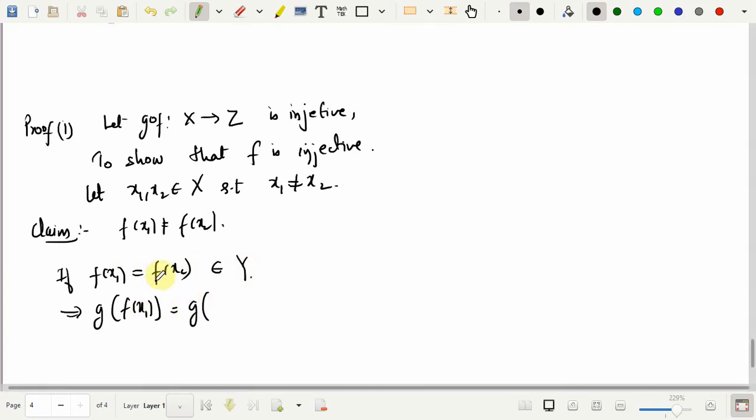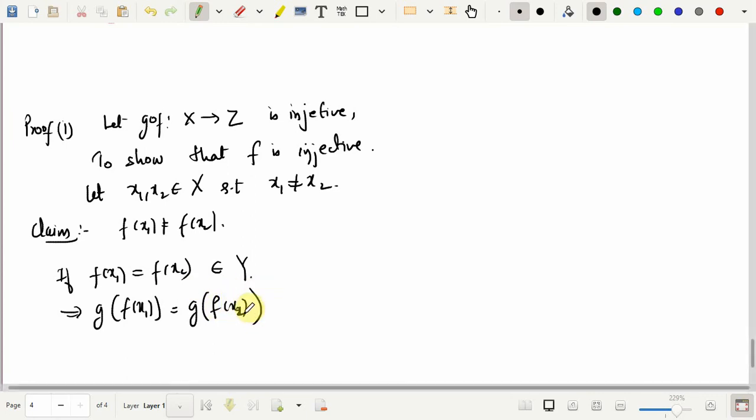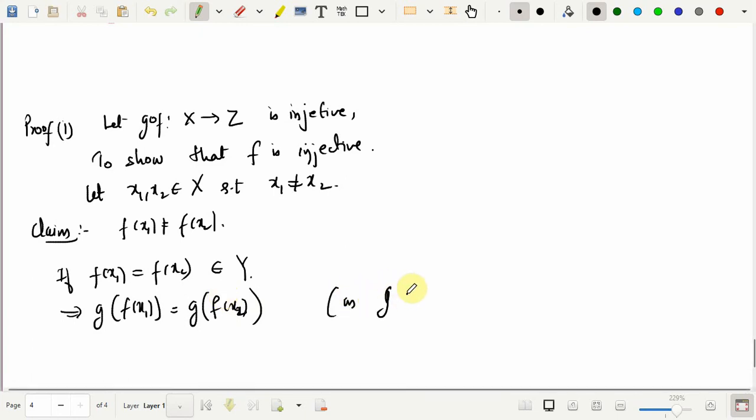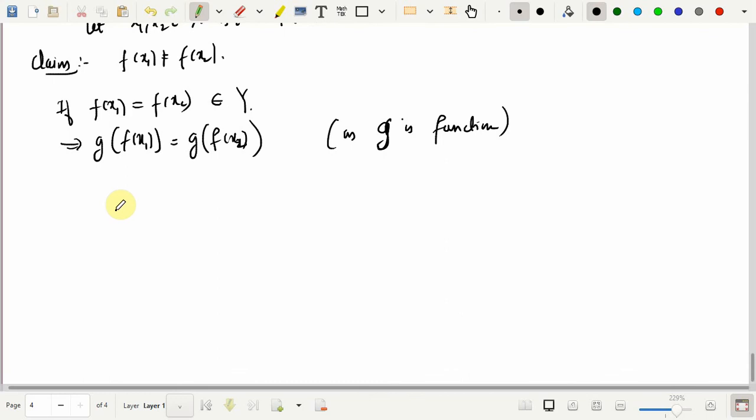I'm not using any definition of injective or surjective here, simply the fact that G is a function. So this says that G composite F at x1 is the same as G composite F at x2.